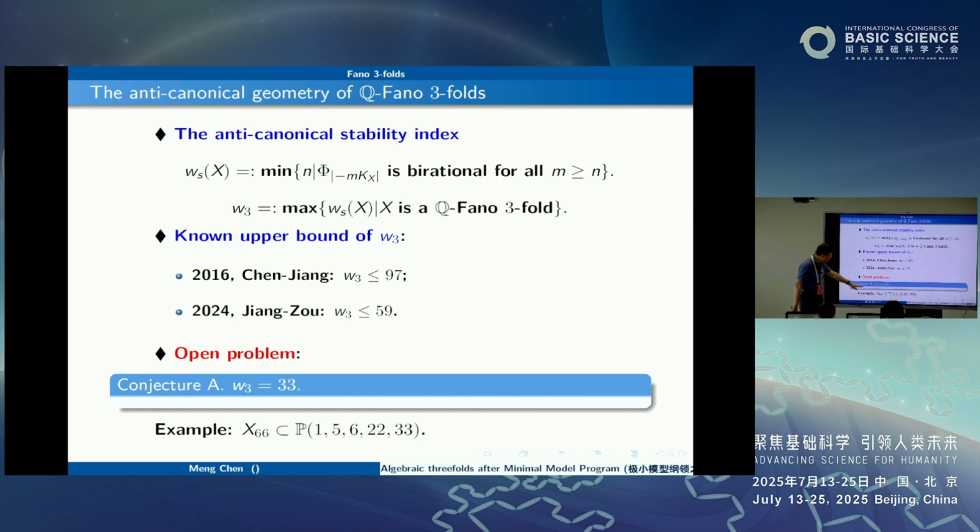And of course, the anti-canonical volume is 1 over 330. Because there is such an example, it's natural to make this conjecture. But so far, this is open. To me, it's a very interesting question.